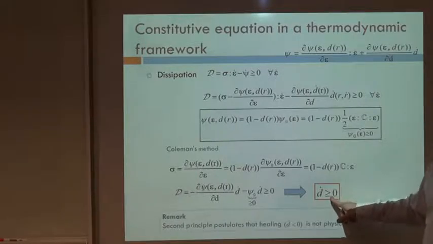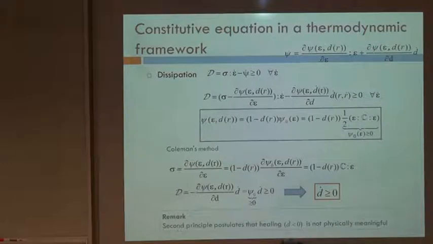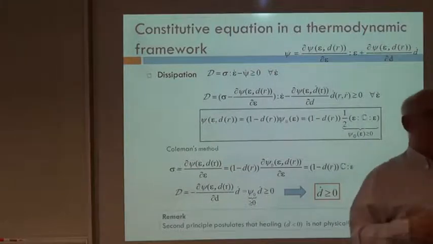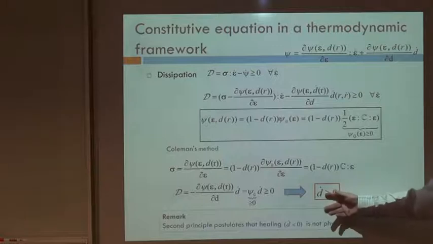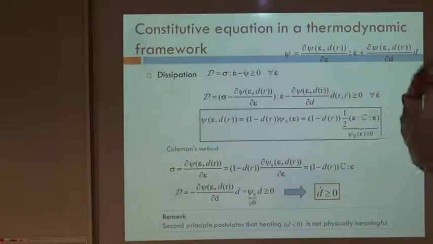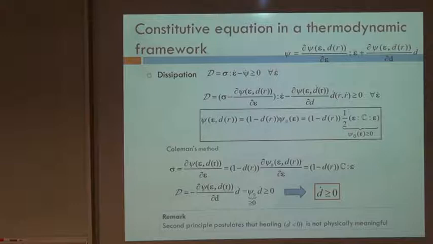So this, again, is something that's going to be a common fact in our approaches. The second principle of thermodynamics will always place restrictions on our constitutive model, as we saw, for instance, in the little examples that we did in the past class. You remember the restrictions that always appeared on the viscosity, for instance.